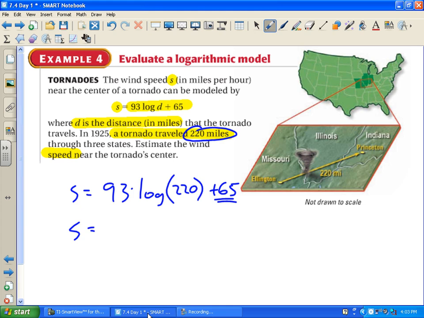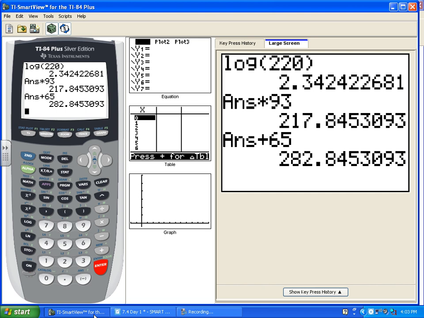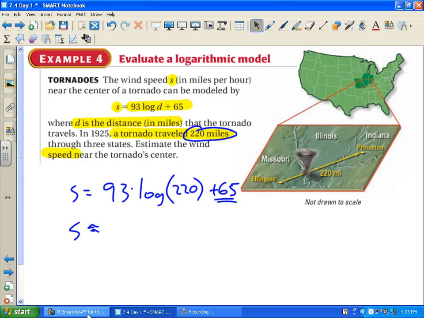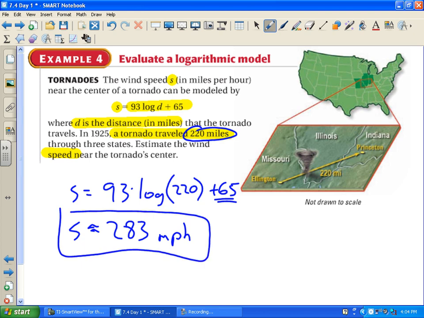So I'm going to say speed is approximately 283, and this was miles per hour. That's my unit. So, bottom line in this case, don't be stuck in the middle of that tornado, because it's going about 283 miles per hour.